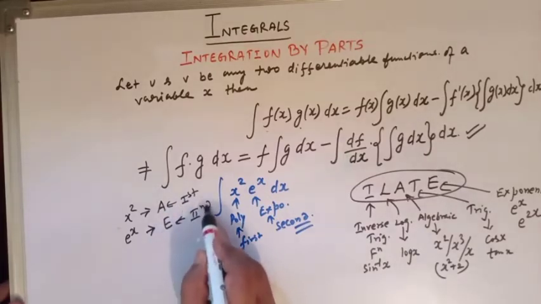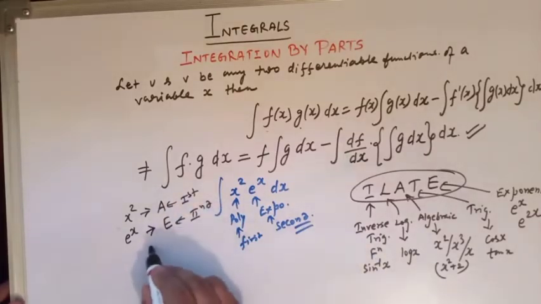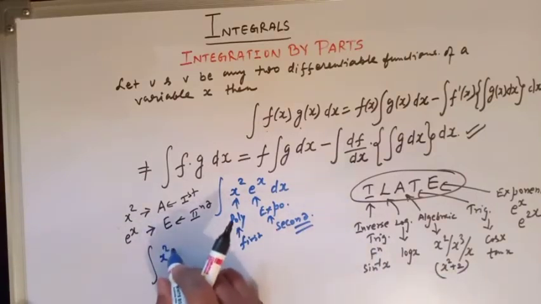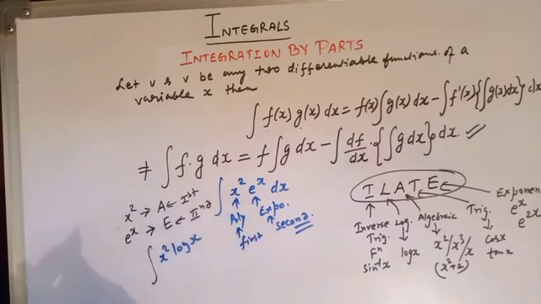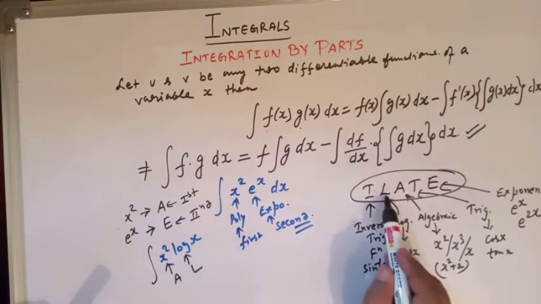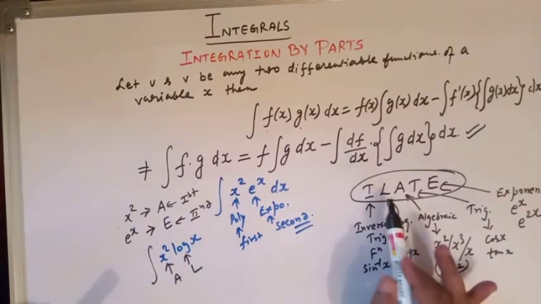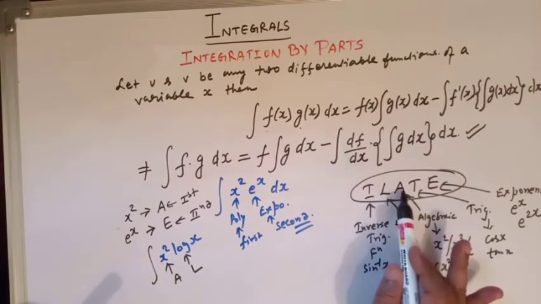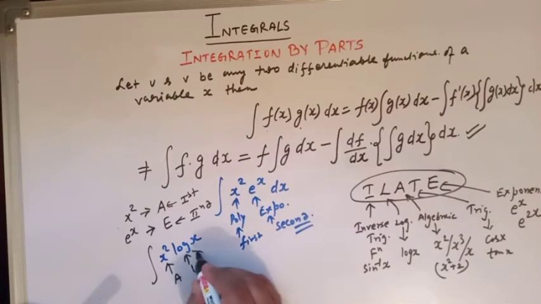Clear? Similarly, if we have a function like x square log x, then we see that this is an algebraic function and this is a logarithmic function. So L stands for logarithmic function and L comes before A. Clear? So log x is to be treated as the first function and x square as the second function.